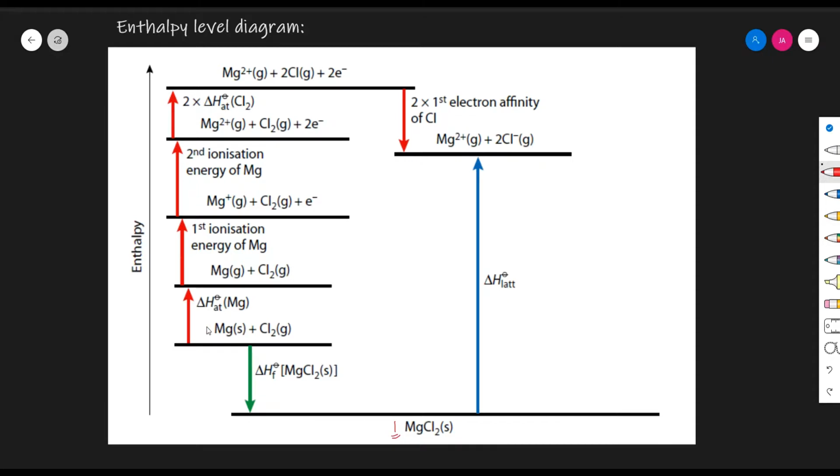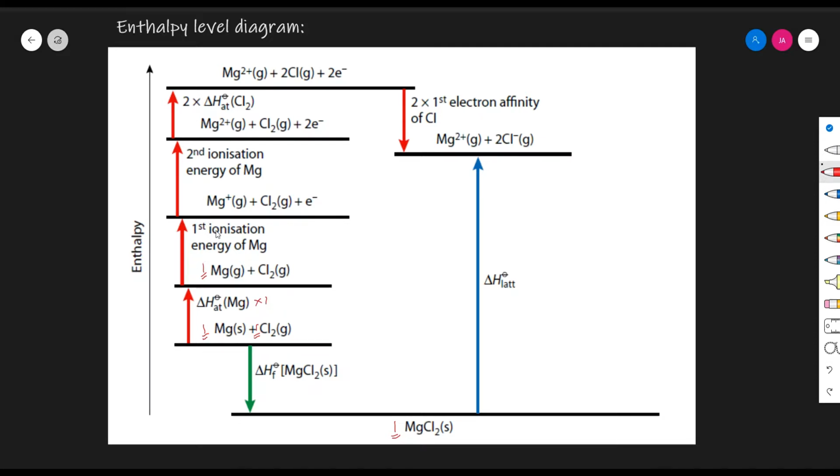And in this case, this would be 1 mole of magnesium solid and 1 mole of Cl2 gas, since this would produce 2 chloride ions which are present in the formula of your ionic solid. The first step would be to atomize magnesium solid into magnesium gaseous atoms. And since I have 1 mole here, then this would be multiplied by 1.